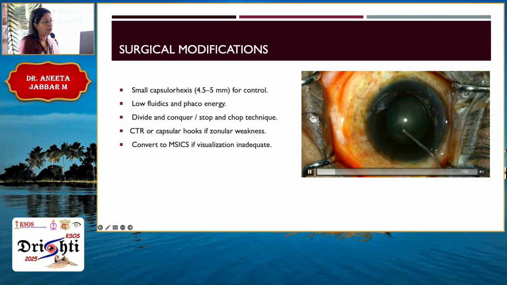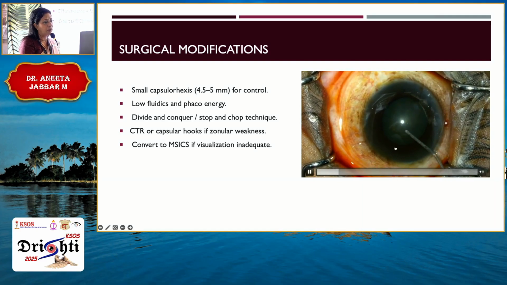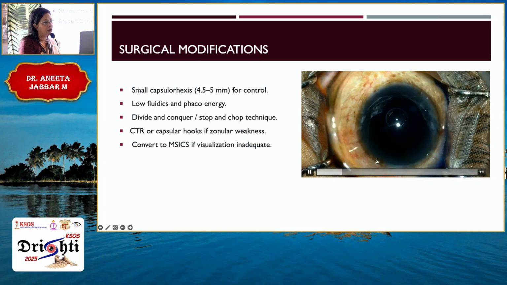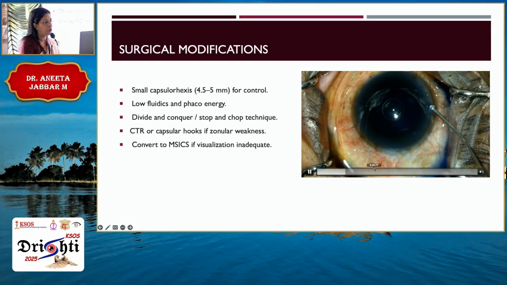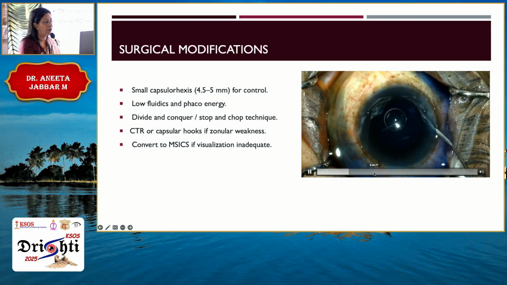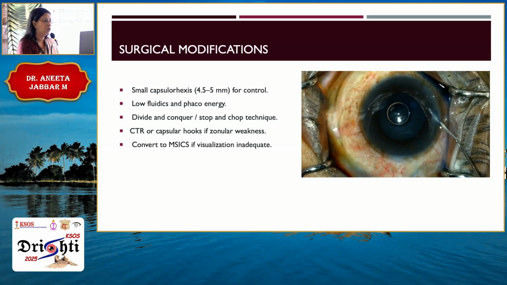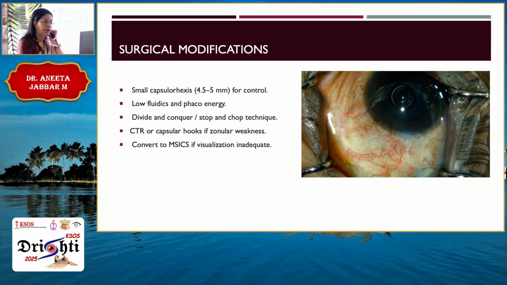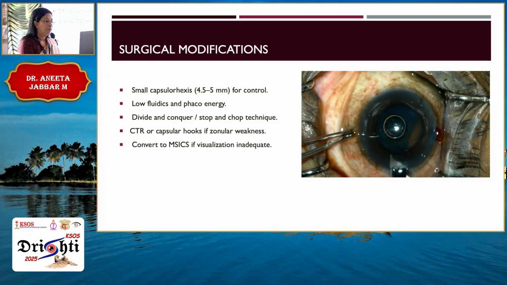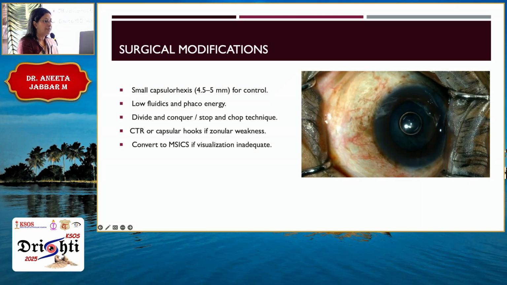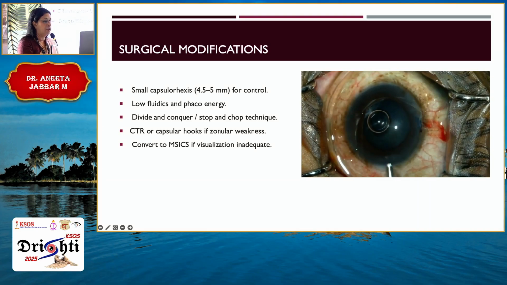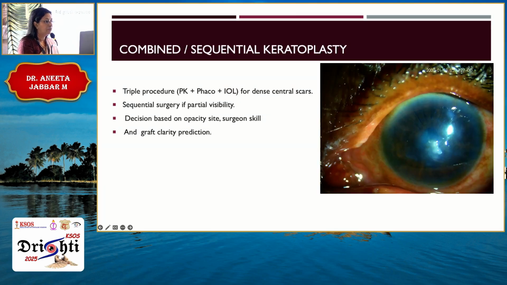This is a post-traumatic scar. It is a very subtle scar, but I have kept a 3-piece IOL because in traumatic cataract, you don't know the zonular support and the capsule support. And convert into manual SICS if the visualization is inadequate.